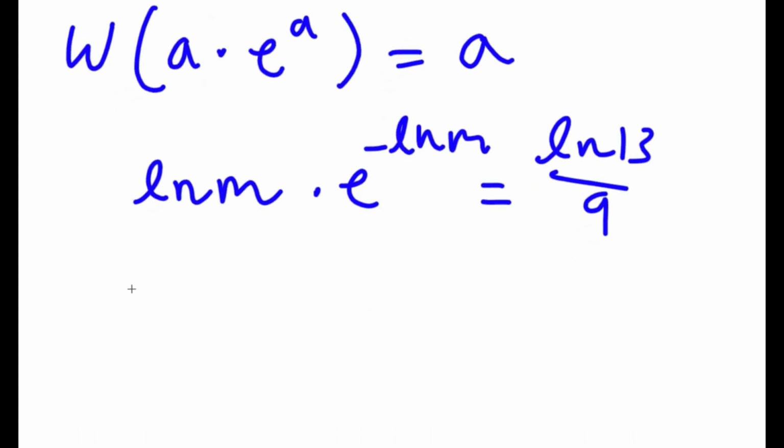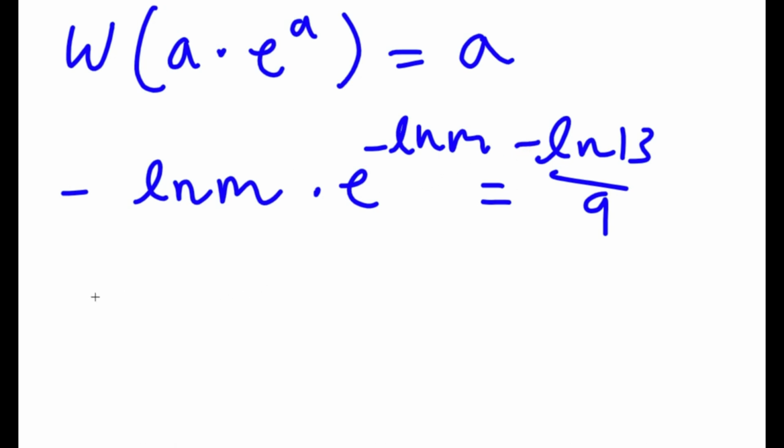So now if I use this function, and before doing that, if I multiply both sides by negative, I get negative ln m times e to the power of negative ln m is equal to negative ln 13 over 9.